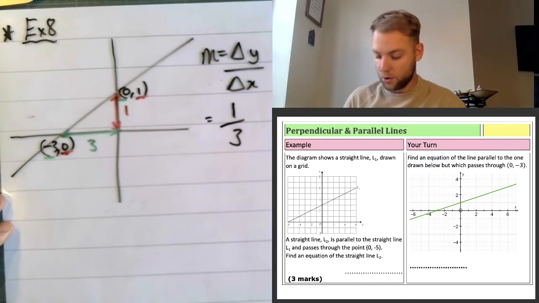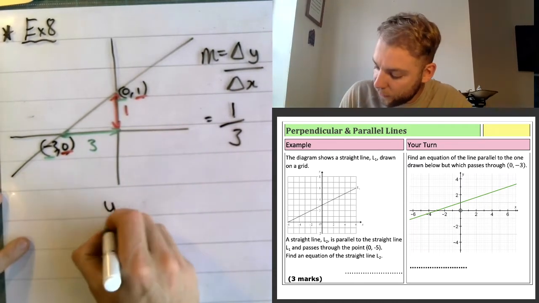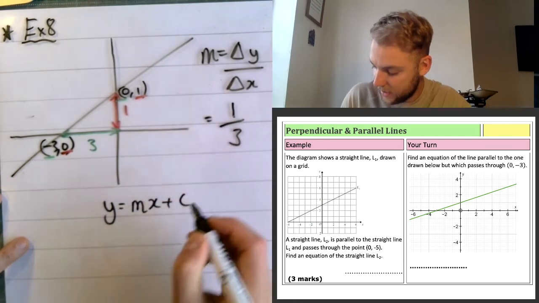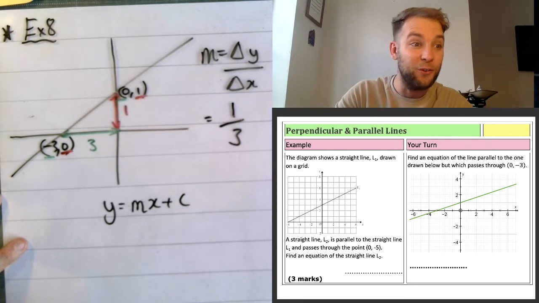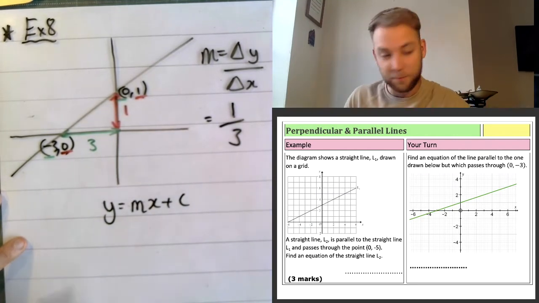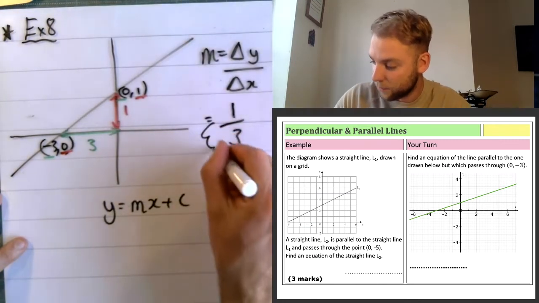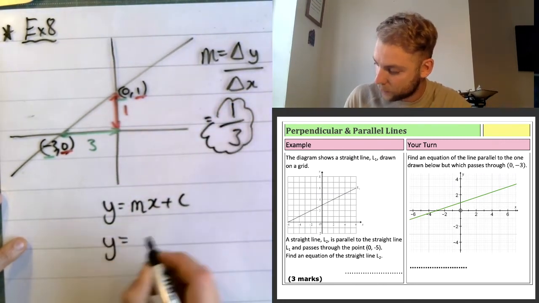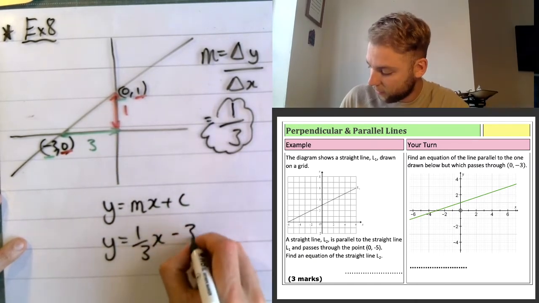Super. So what we've got to look at now is we know that the format of the equation of a line is y equals mx plus c, where m is the gradient and c is the intercept. Now, luckily for us, they've actually already given us the intercept, which is negative 3. And I know that my gradient is parallel to this one, which means it must be the same. So my equation of the line is y is equal to a third x subtract 3.